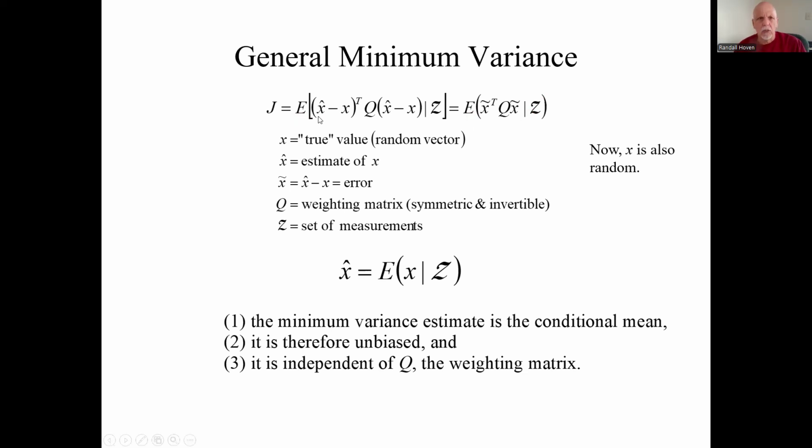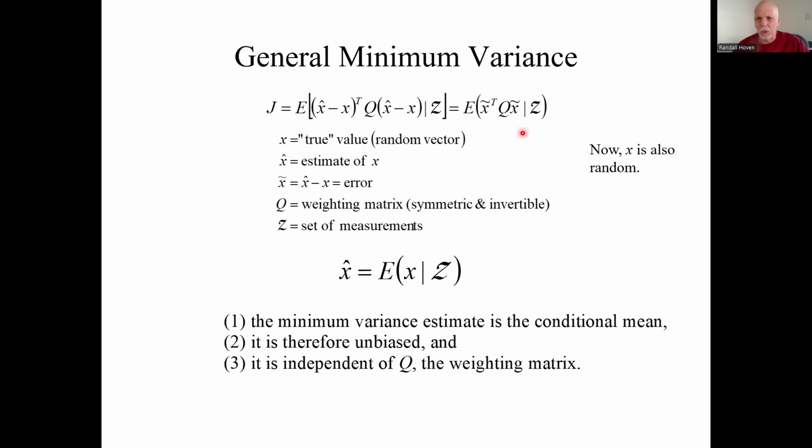And here, x hat is our estimate of x, and x now is itself a random variable. Everything we did up to now was not a random variable. Now the thing we're estimating is a random variable based on random variable measurements, random measurements. So this x tilde means the difference between our estimate and the true x, which is error.